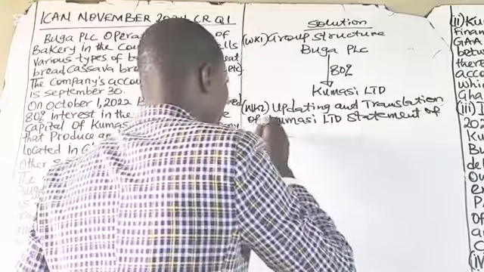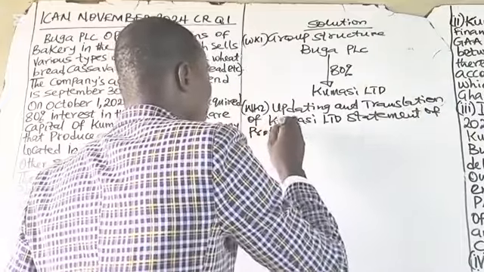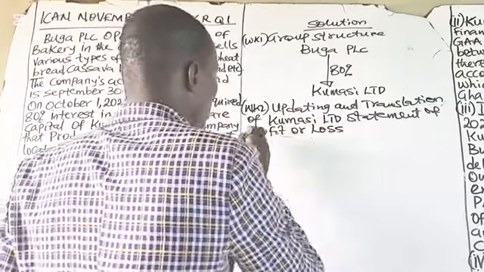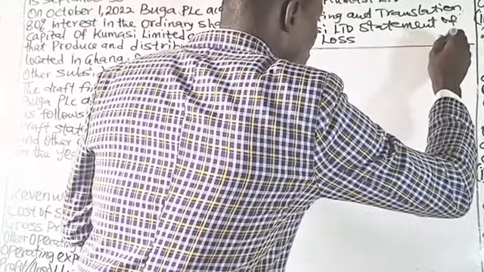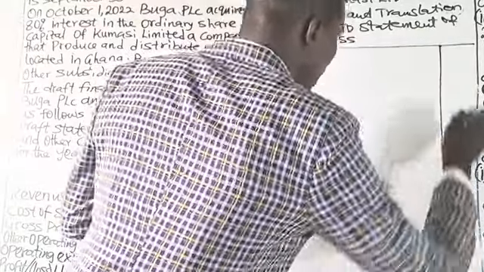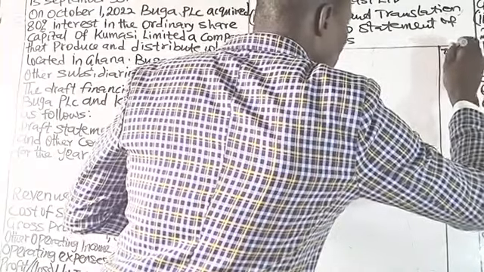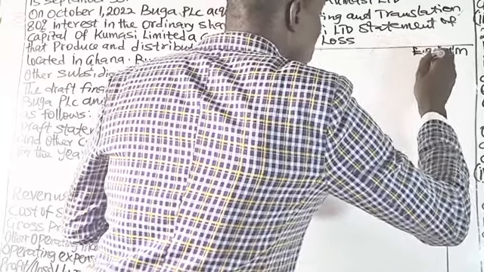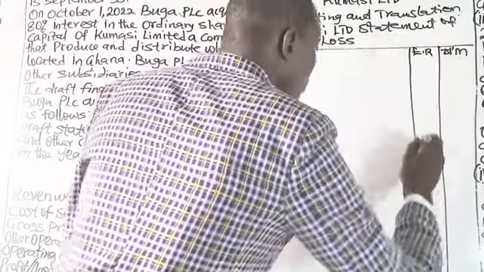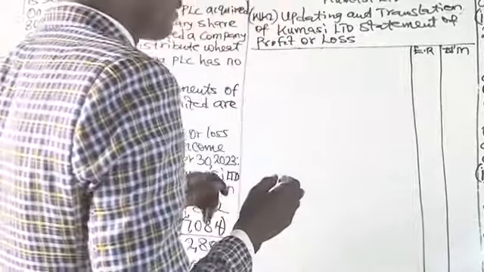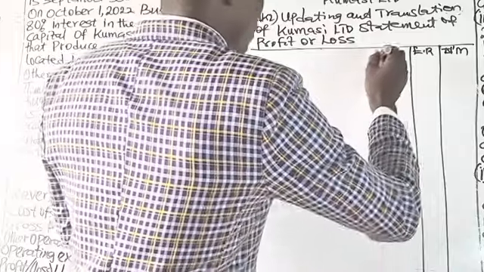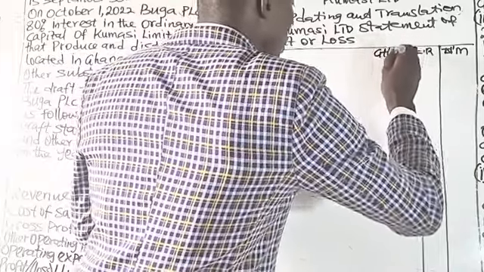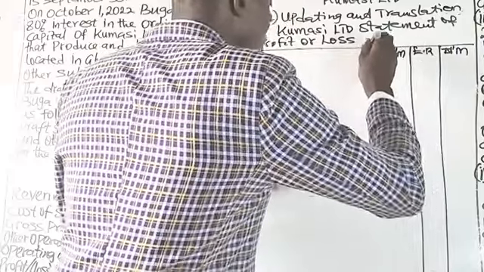Kumasi Limited statement of profit or loss. We have the amount in million naira, then we have the exchange rate, and then the amount in Ghana cedis, in million.